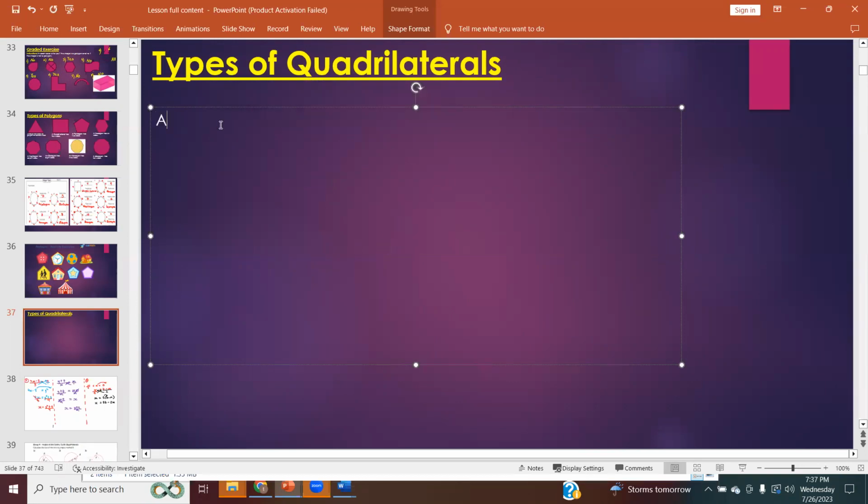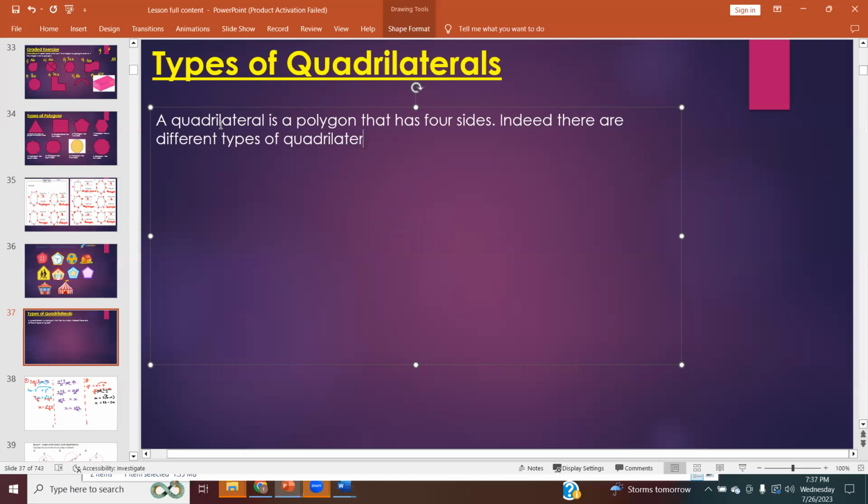So obviously we know that a quadrilateral is a polygon that has 4 sides. Indeed, there are different types of quadrilaterals.